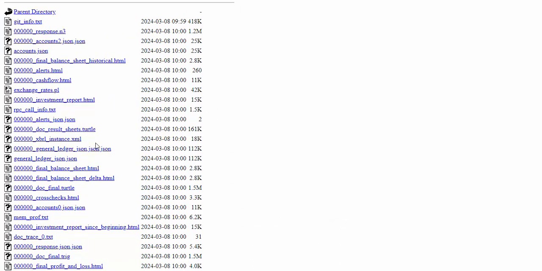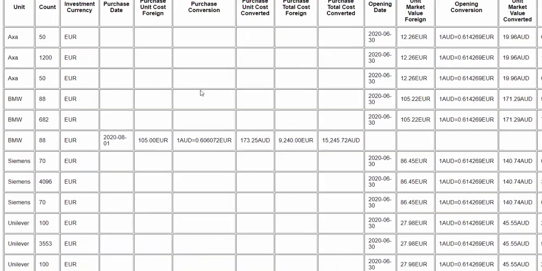You've got all your outputs, which would be what you'd expect from a standard business reporting model perspective. And of course, in this case, we've got our investment report here.